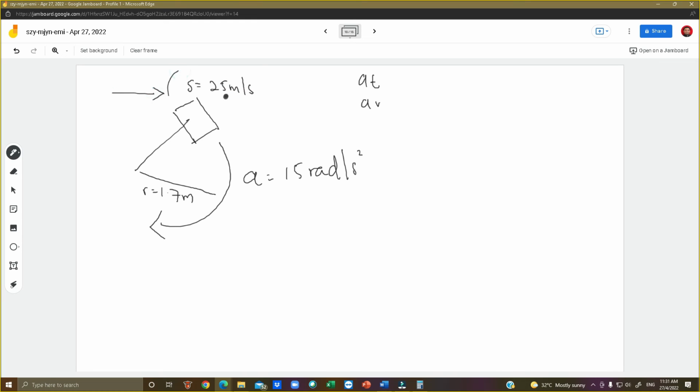If the speed linear is 25 meter per second and this hammer being rotated at an acceleration of 15 radian per second square with a radius of rotation 1.7, what is its AT and AR? Berapakah AT dengan AR? What are the magnitude of the radial and tangential?